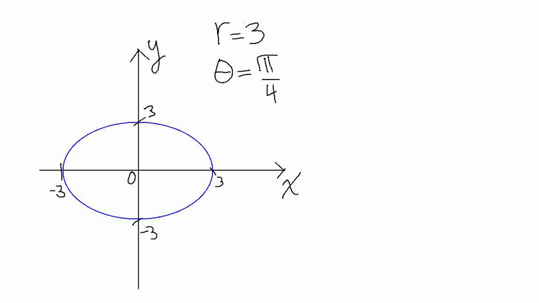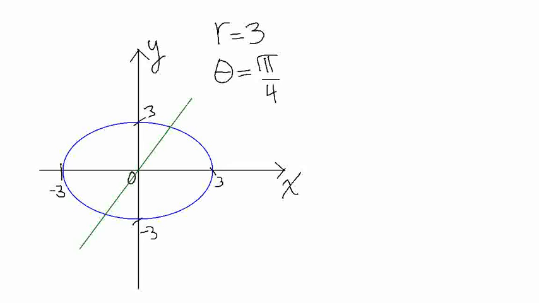We're going to move in the pi over 4 direction. So the set of points that corresponds to that equation, can you see that it would be the line denoted by this green line? Okay. So those are two examples of polar plots, and you can have polar functions that correspond to polar plots.